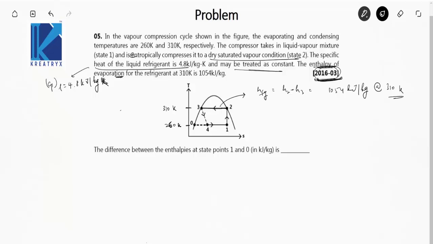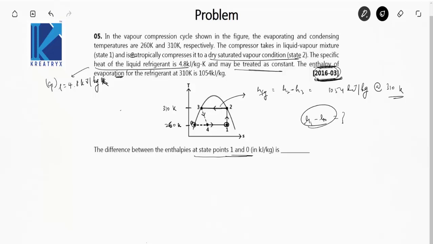So H2 minus H3 is given to us, and I have to find the difference between the enthalpies at state points 1 and 0. That is, I have to find H1 minus H0.